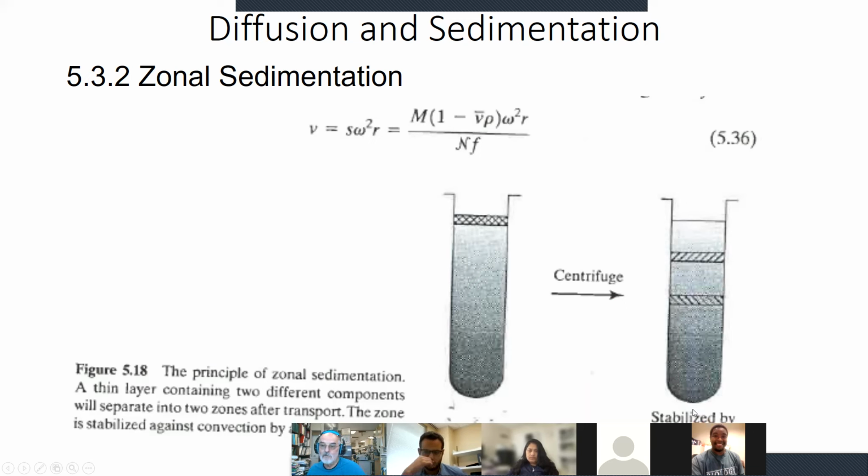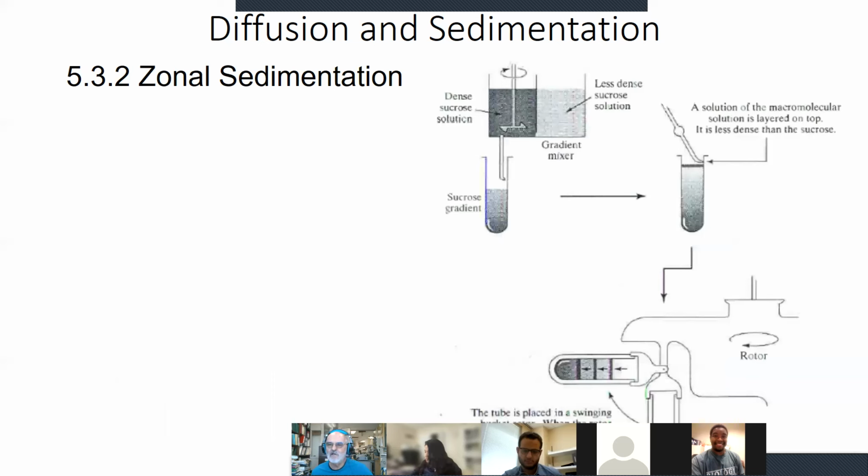You could run it through a counting machine if they were radioactively labeled, etc. Okay, and so this is a way of fractionating and isolating materials. A lot of people used to use this technique. I don't know that many people who still do it, but I'm sure there are some people who still do this. Okay, and so this is basically showing some cartoons of what this is about.